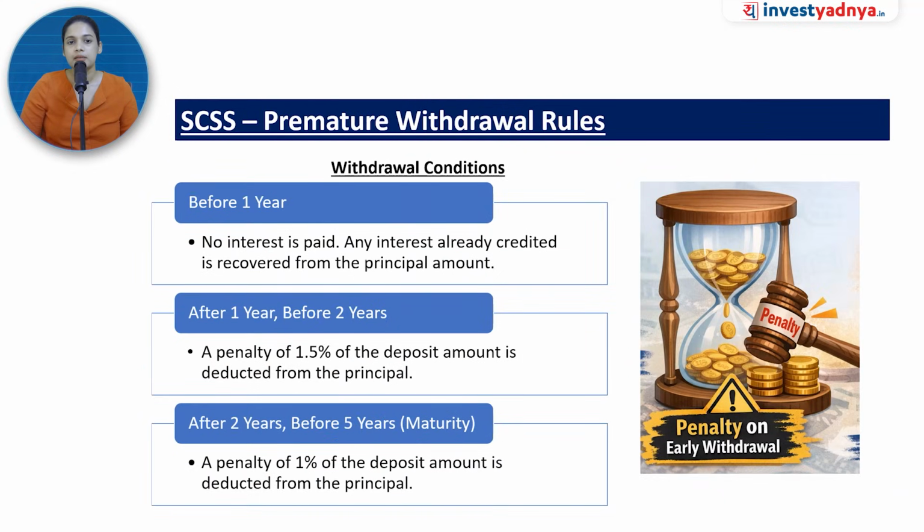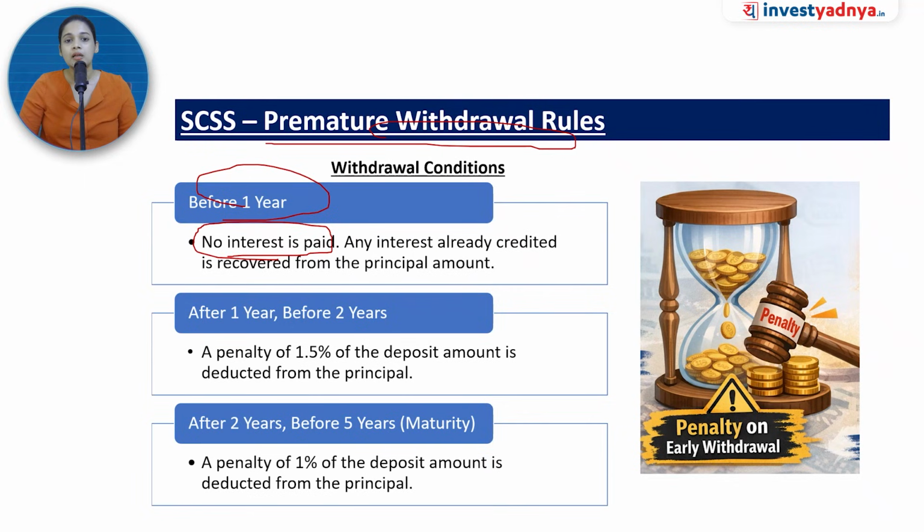Moving on, let's understand the premature withdrawal rule. What about the interest? If you withdraw within 1 year, then there will not be any interest paid, and if any interest has been paid to you, that part will be deducted from your principal amount.